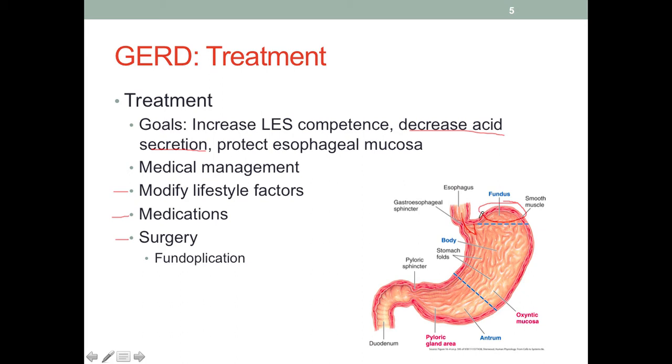So the surgery would wrap this part of the stomach around here where the esophagus and stomach meet to strengthen the LES, or lower esophageal sphincter. This should help with the muscle control in this area and make the sphincter more competent.